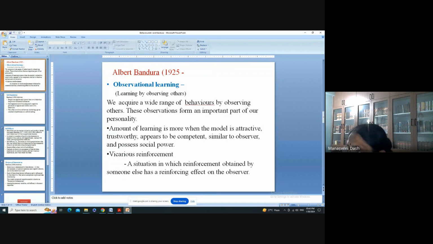We acquire a wide range of behavior, thought, and feeling through observing others' behavior. According to Bandura, these observations form an important part of our personality.